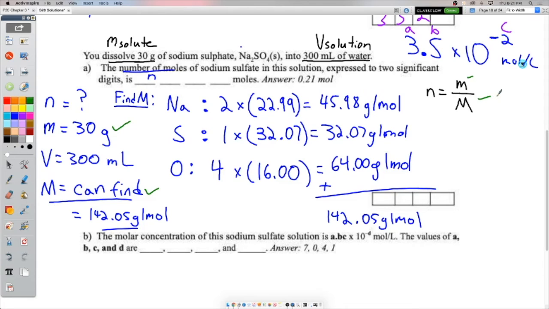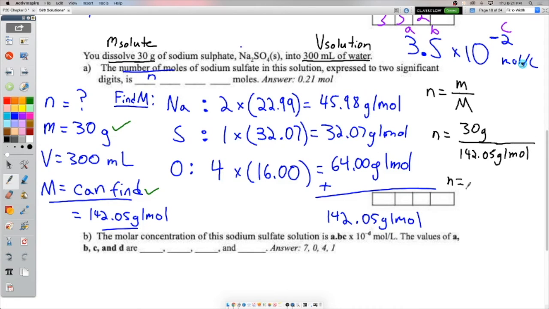We can get the number of moles. So enough talking about it, let's do it. n equals little m, mass, 30 grams, over the molar mass of this whole thing, 142.05 grams per mole. That's how many grams there would be in 1 mole.